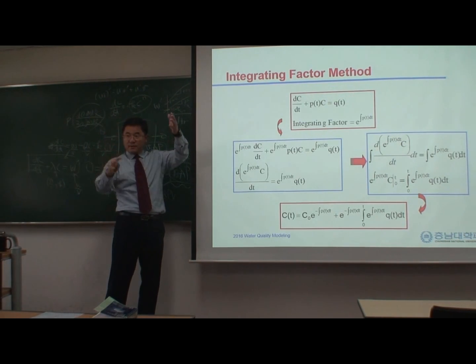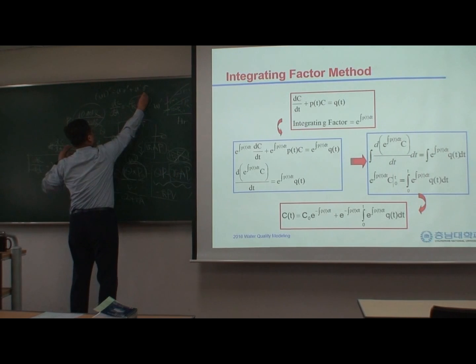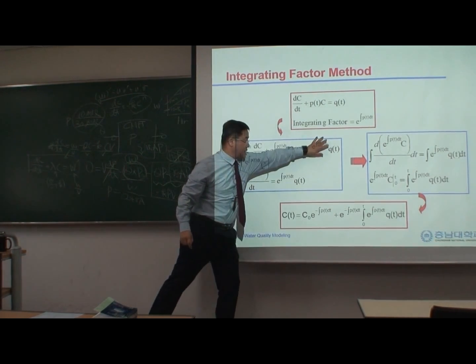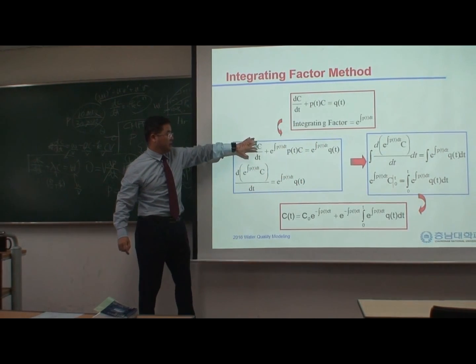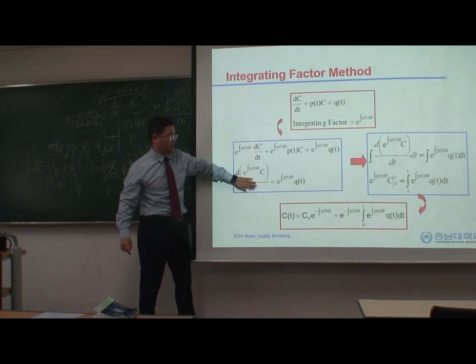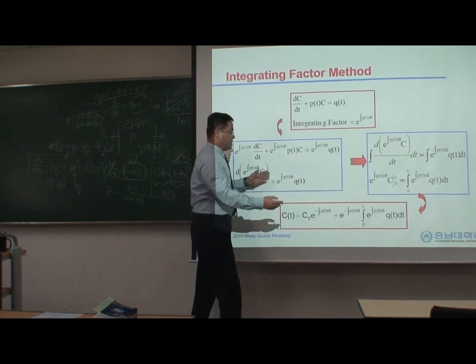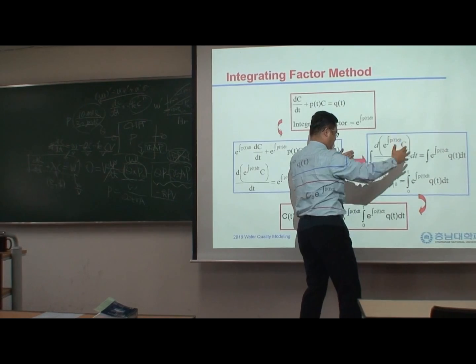So this is the reversed way. If you have things like that, then you can simplify like this. So we have the same term on the right hand side, but we simplified the left hand side. And then we can integrate both sides. Right?